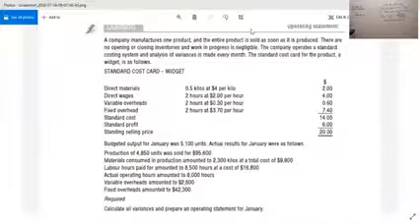Our direct labor cost, ladies and gentlemen, we can see 2 hours, each at $2 per hour, giving us a total of 4 for every unit.